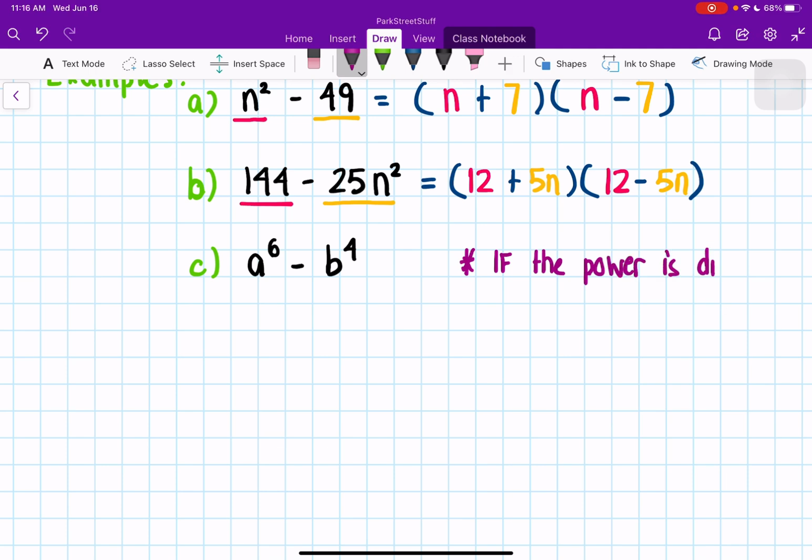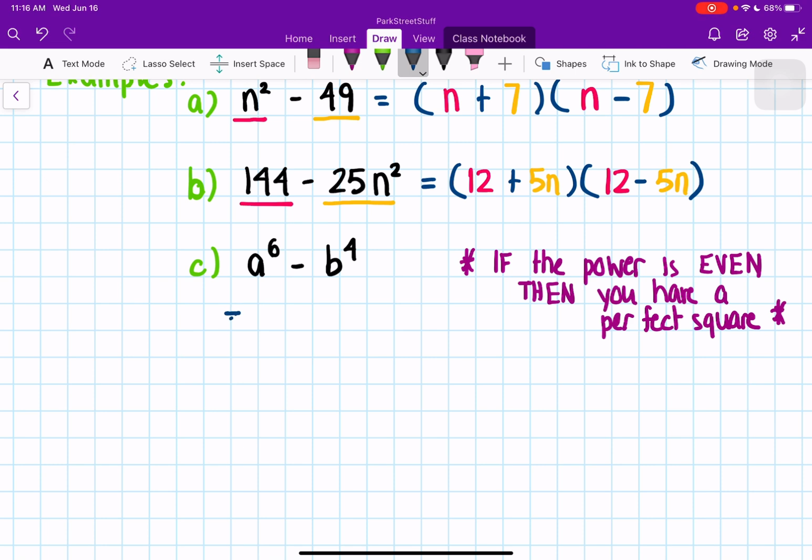So if the power is divisible by 2, or an easier way to say that is if the power is even, then you have a perfect square. So that's an important thing to remember.